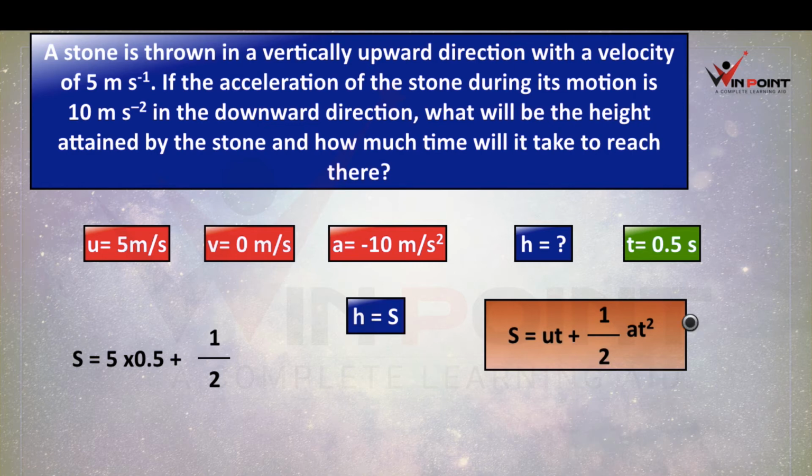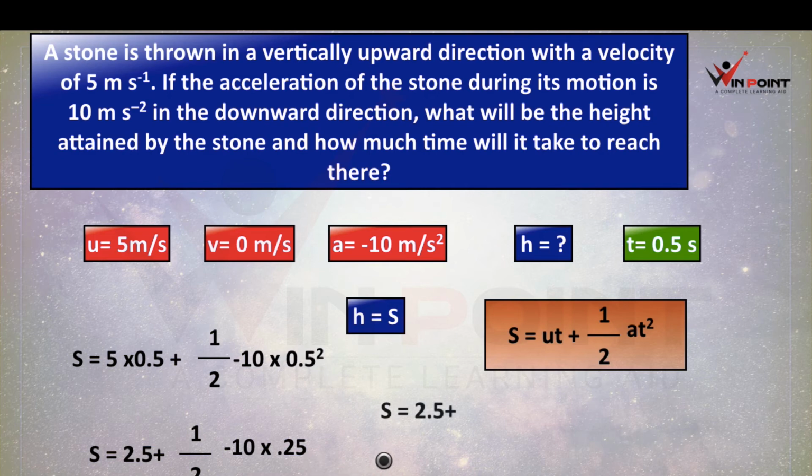It will be minus 10 into 0.5 square. 5 into 0.5 is 2.5 plus half into minus 10 into 0.5 square. So we can write minus 10 into 0.25, since 0.5 square is 0.25. S equal to 2.5 plus 1 by 2 into minus 10 into 0.25, which means minus 2.5.